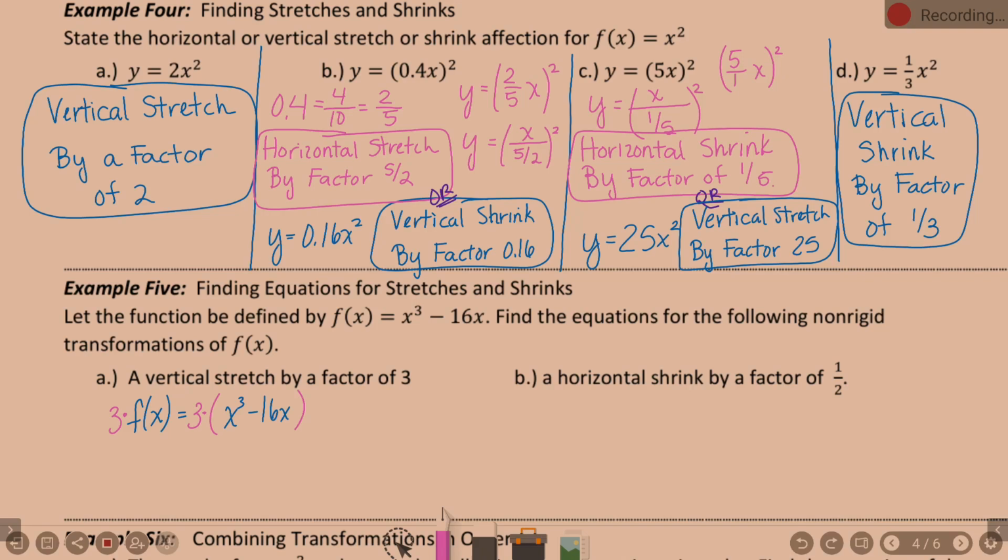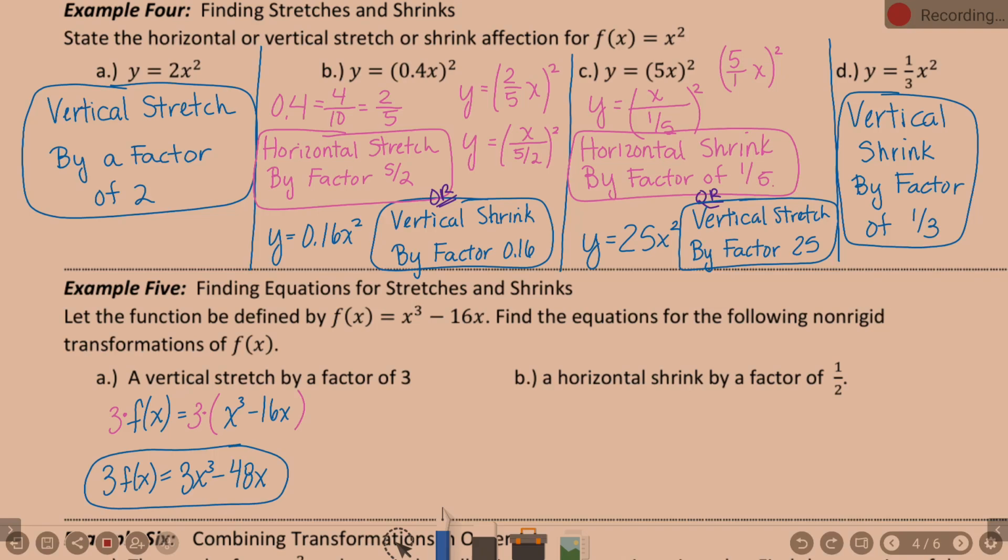So when we actually write it out to give our answer, what is 3 times f of x? That becomes 3x cubed minus 48x. So 3x cubed minus 48x is what that vertical stretch by a factor of 3 is. And just go back to that chart on the front. Vertical stretch is just a number times it. Okay?